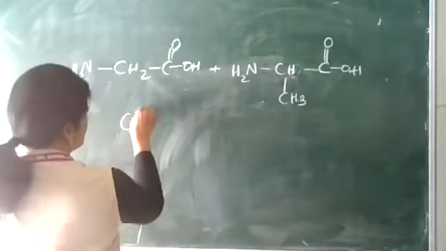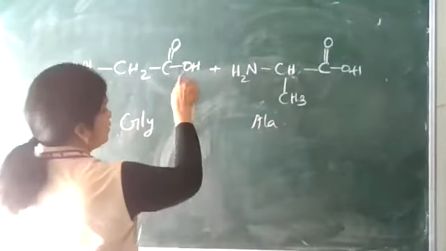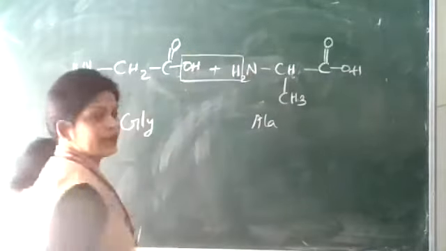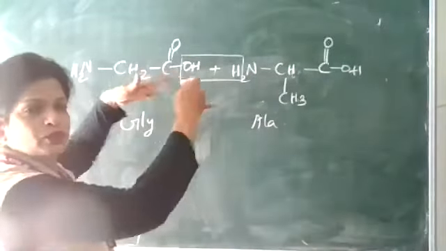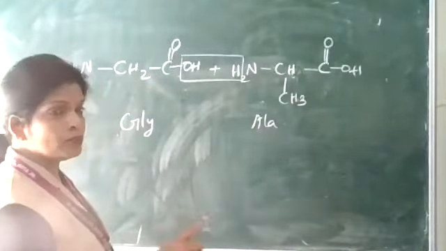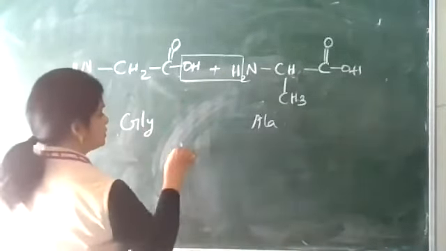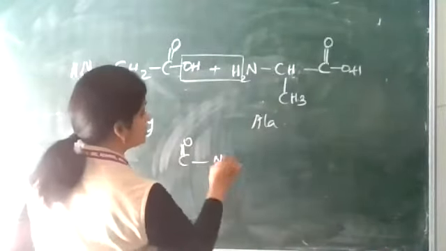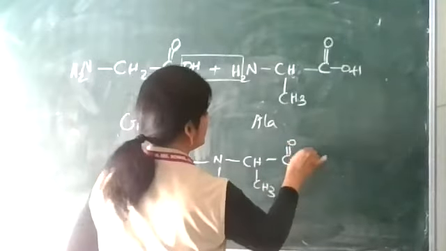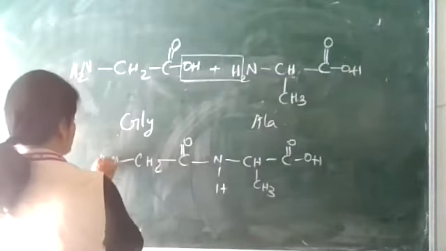This is glycine. This is alanine. So what happens? An H from here and an OH from here go out as a water molecule. So these two compounds got connected through a bond, meaning C will be connected to NH: CONH, CH, CH3, COOH, and here CH2, NH.